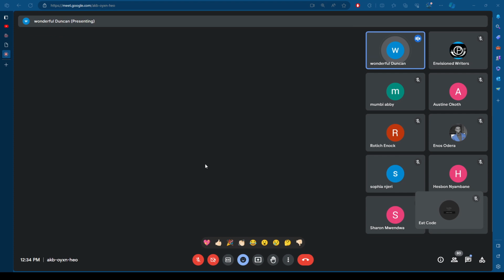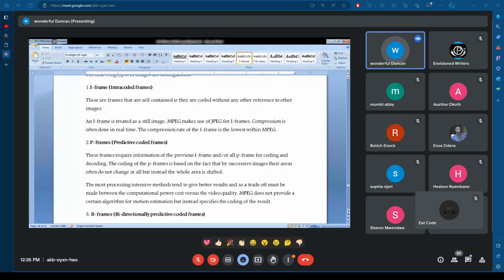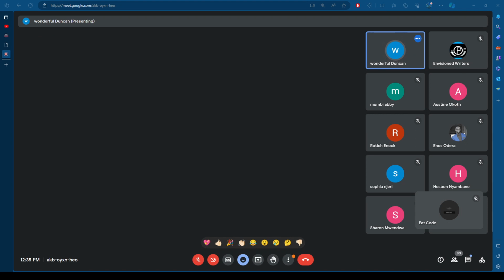So this one, the predictive, requires the information of the previous I-frame and all P frames for coding and decoding.